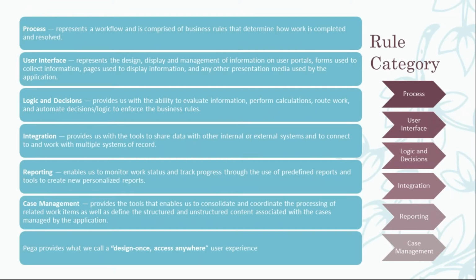User interface rules contain many different rules which take care of all the UI features. And for logic decisions, there are multiple rules for logical, conditional, and validation checks. And if you want to integrate with other systems, there are a lot of integration tools also present in Pega.